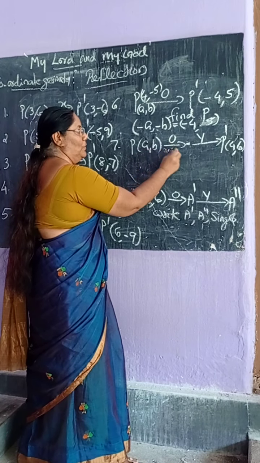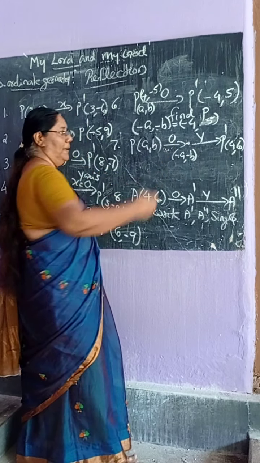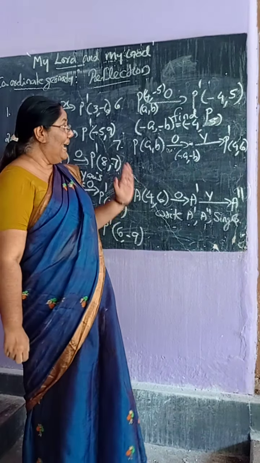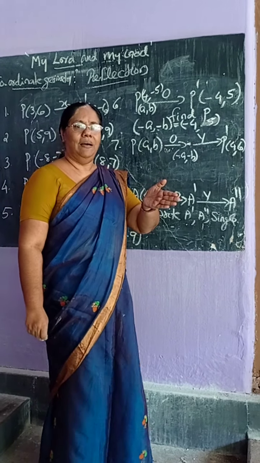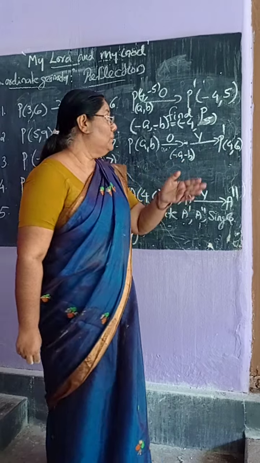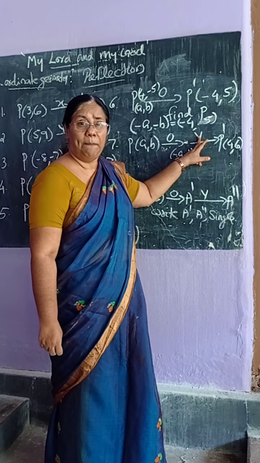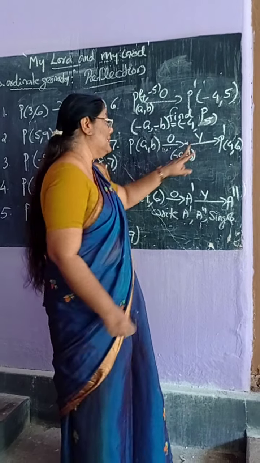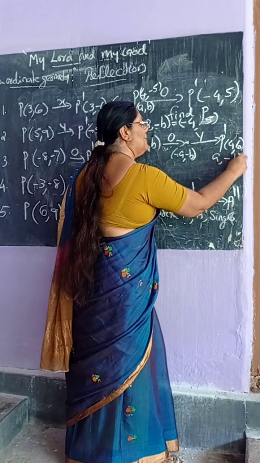P(A, B). First through the origin means the answer is (-A, -B). Agree? Again, that same (-A, -B), again move through the y-axis. When we reflect in the y-axis, what happened? X changes its sign. Therefore, -A changes to A, -B same.